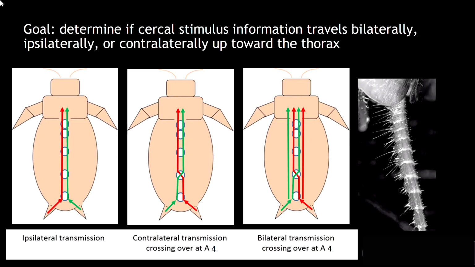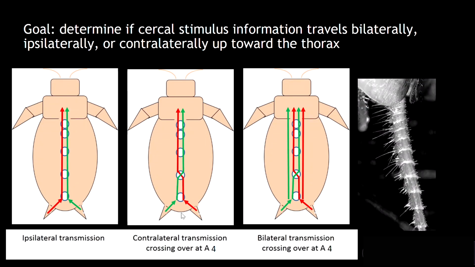So the goal of this experiment is to decide how the cercal information travels ascendingly. There are three routes. They can travel either ipsilaterally, which means the signal will travel on the same side of the nerve cord to reach the thoracic region, or contralaterally, which means crossing the ganglion and reaching the other side.